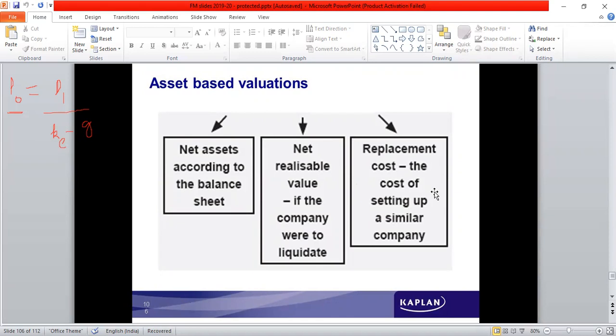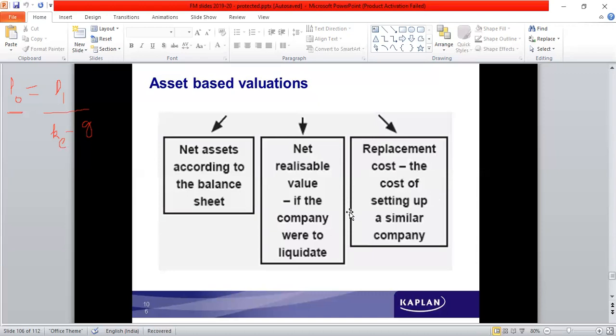Fine. But all the time it is not necessary that whatever is appearing in the books of accounts will be the value which can be realized on sale of those assets. So here we see that net realizable value has to be calculated if it is to be liquidated. That is a situation where they are winding up the company, selling away all their assets. So the net realizable value, if the company were to liquidate, is what has to be calculated.